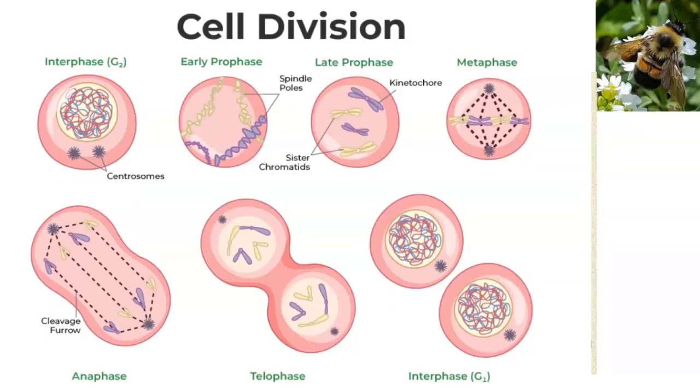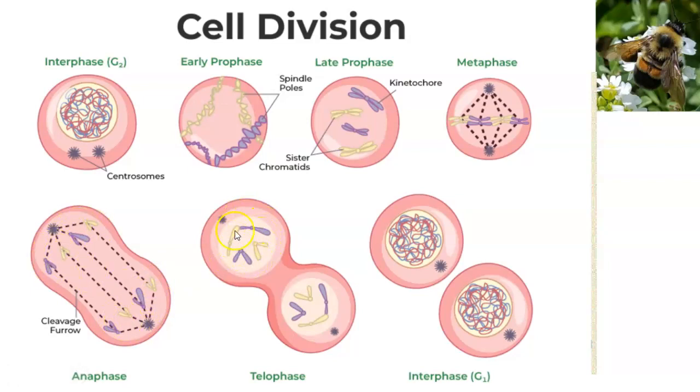So this is just an overview of cell division. But what ultimately happens during that process is the chromosomes condense in the nucleus after the DNA has duplicated. And then those chromosome duplicates split apart into two separate nuclei.